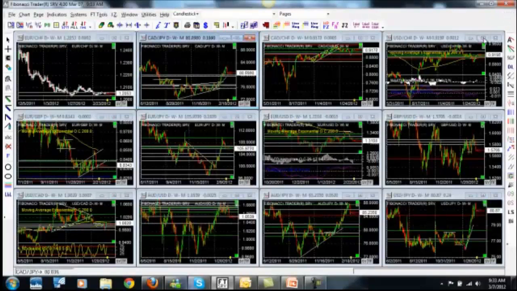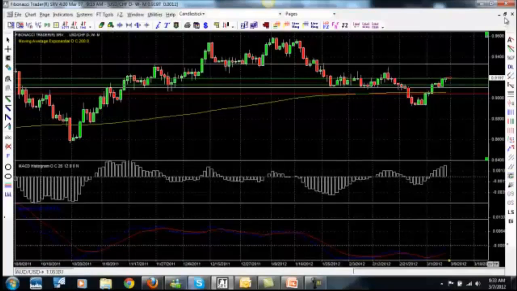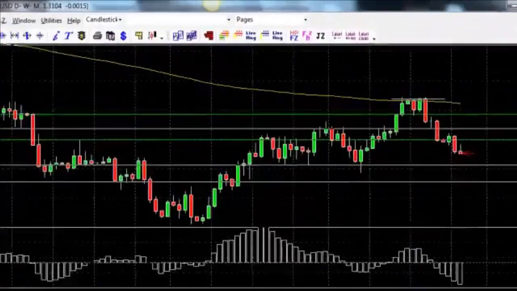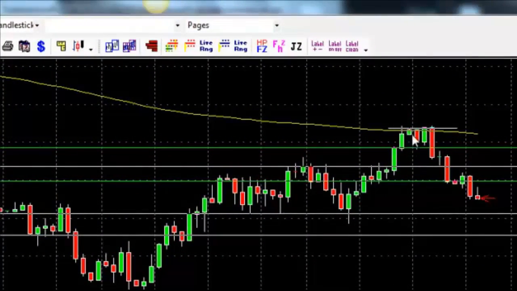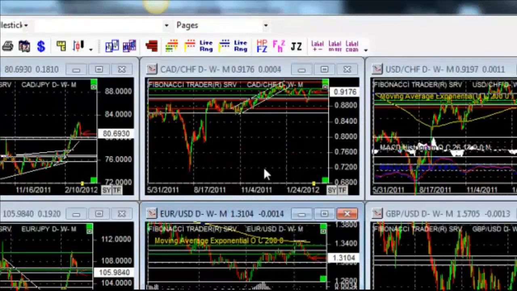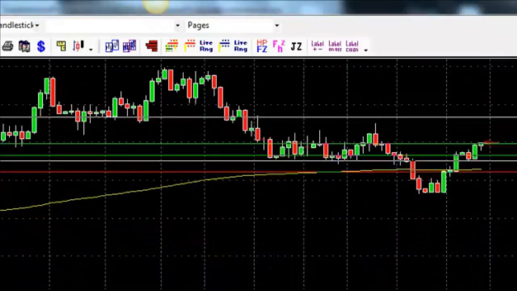Now, the Euro Swissy is usually a pretty laid back currency pair, and it's usually on the opposite end of the Euro US dollar. In fact, if you compare the charts, notice how this has gone up, squared off, and come back down. Well, the Euro Swissy used to be the exact opposite. Now it's not quite the same, but it's pretty close. You can see how it's come down, cut across, back up.